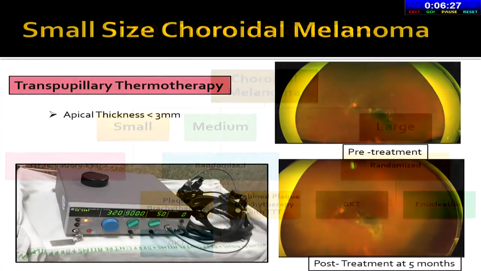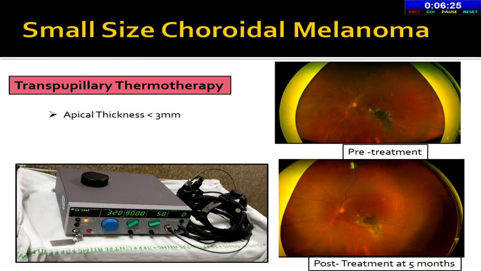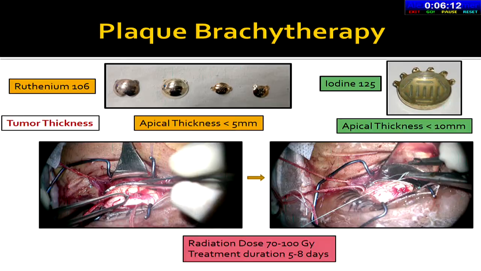For small, we usually consider an apical thickness of less than 3 millimeters. You can go for transpupillary thermotherapy, an infrared radiation that gives a thermal effect and causes apoptosis of cells. Plaque brachytherapy is one of the most common modalities we use now.